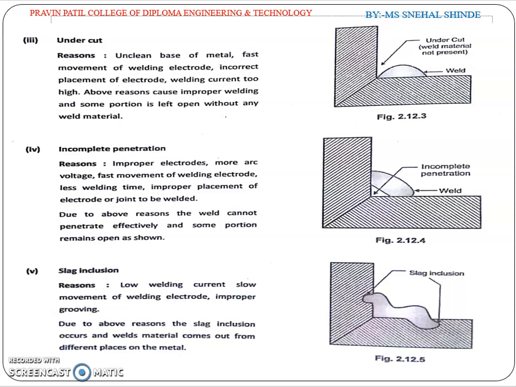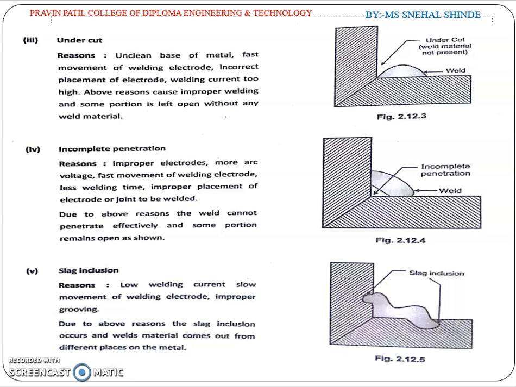So these are the reasons for faults occurring in welding, that is, while welding two metals, what the defects are and what the causes are if proper welding is not done, if the proper current supply or movement of the electrode is not maintained.